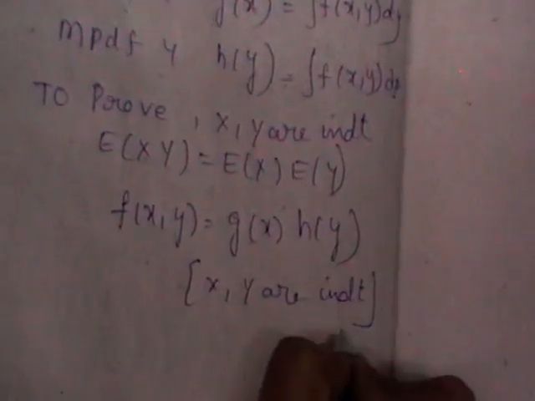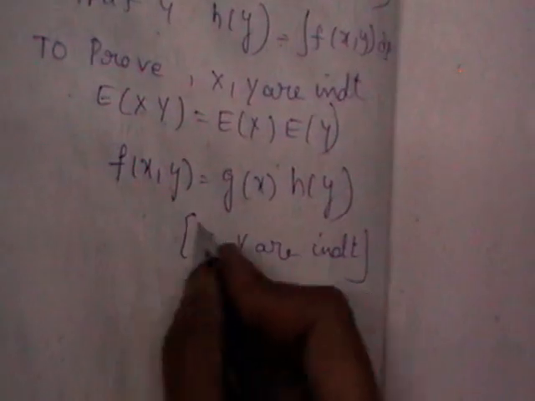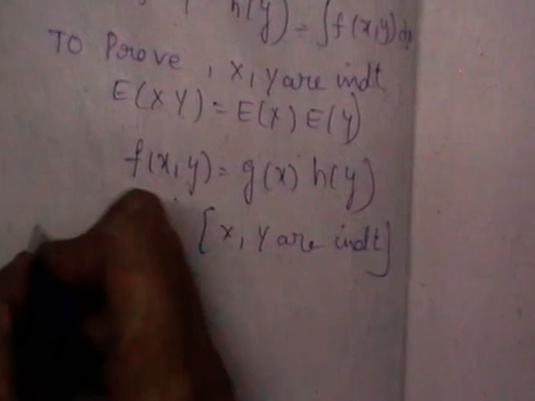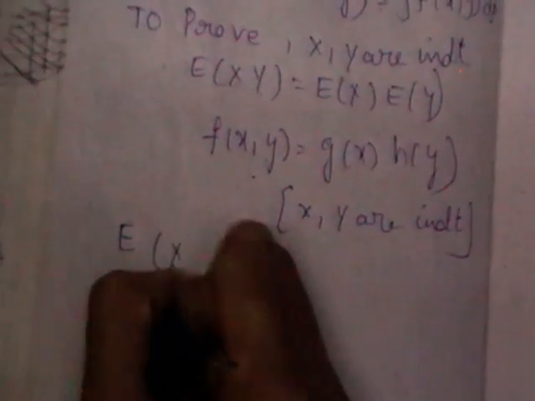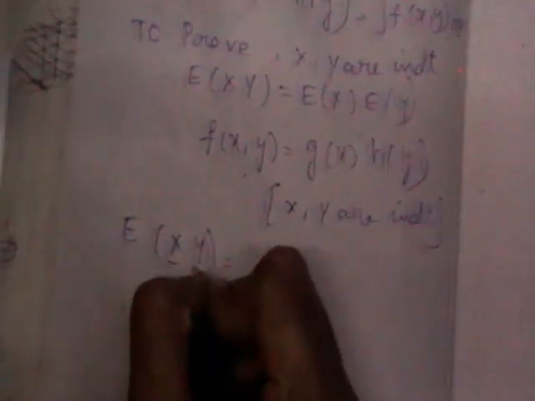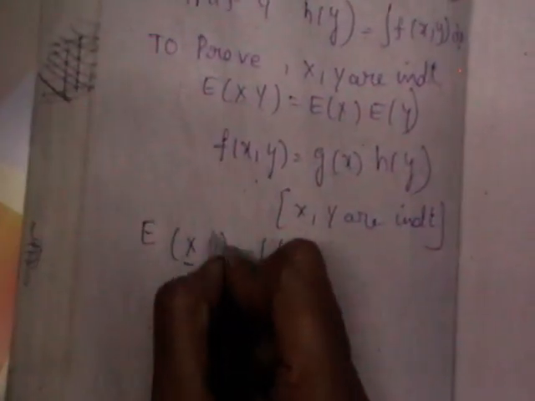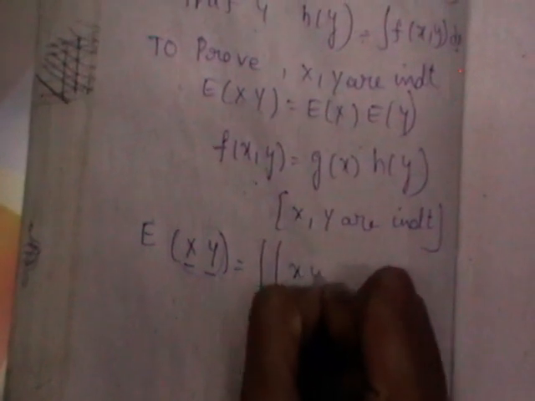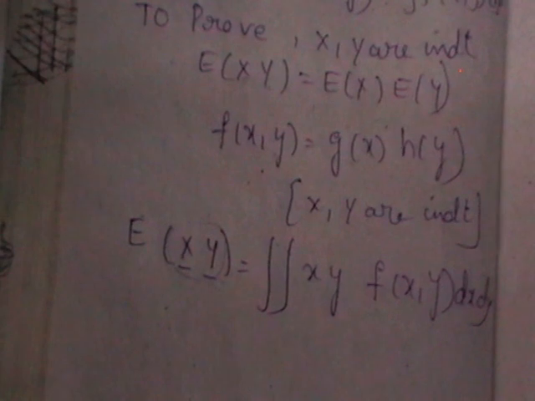We know that joint PDF is equal to product of the marginal PDFs when they are independent. Again I repeat, you need to prove E of XY is equal to E of X into E of Y.